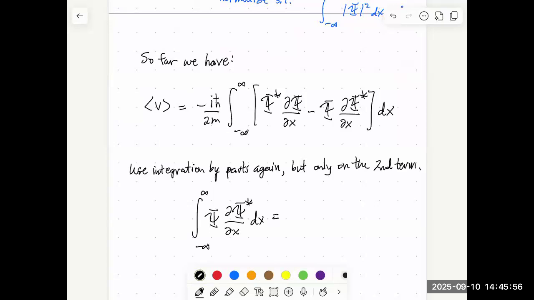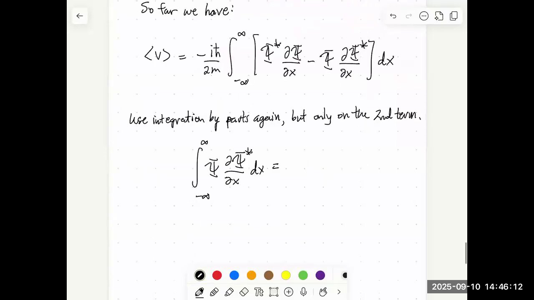Maybe I won't write down all the details. You can do it yourself. u is going to be just phi, and dv is going to be this phi star derivative times dx.